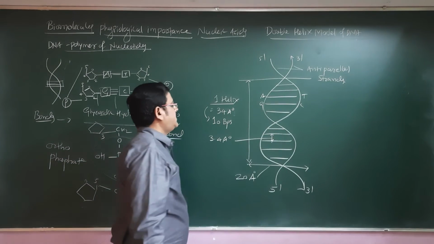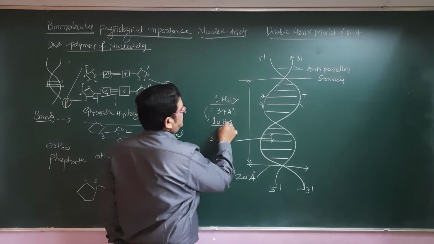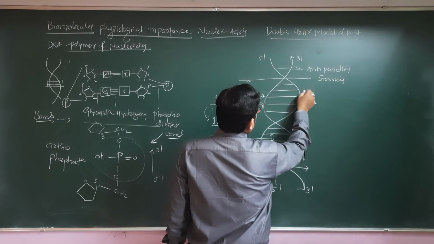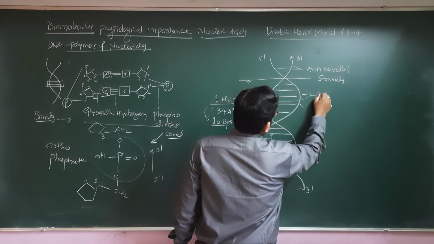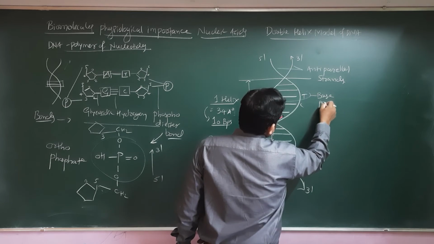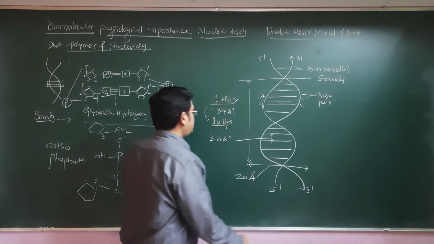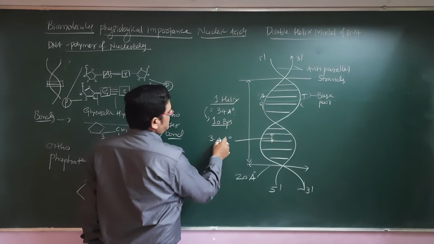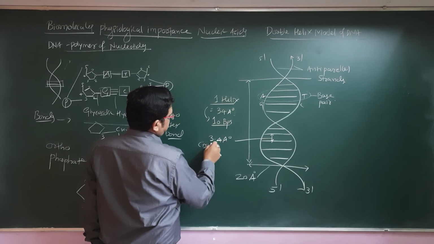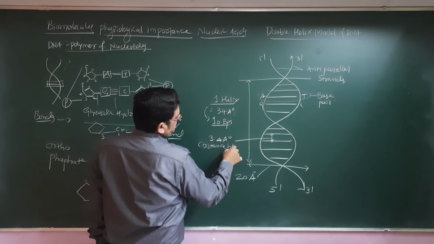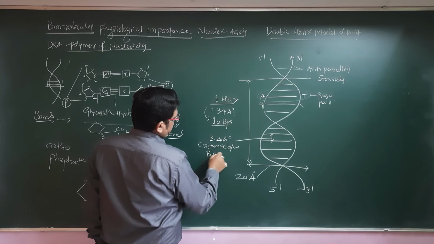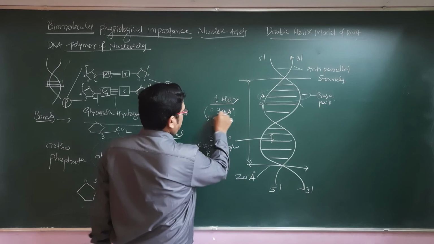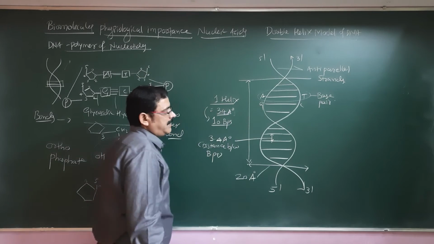One helix has 10 base pairs. We call it a base pair. The distance between base pairs is 3.4 angstrom. 34 angstrom is the length of one helix.